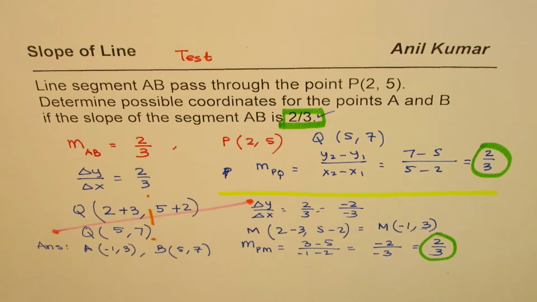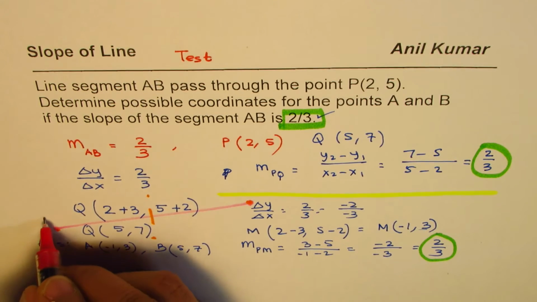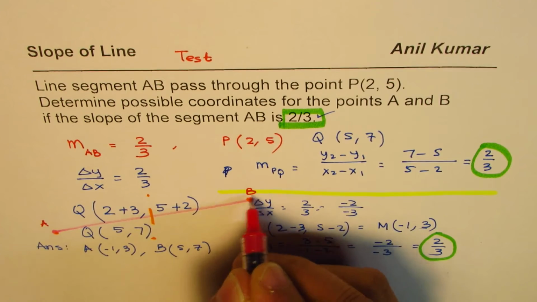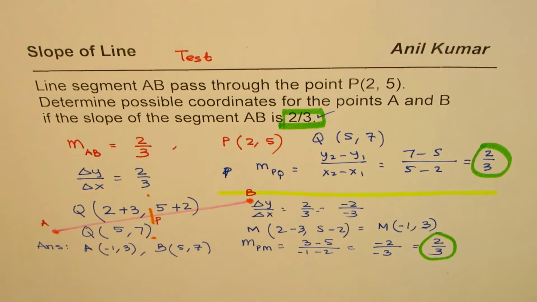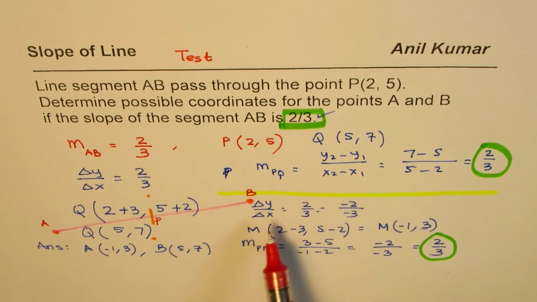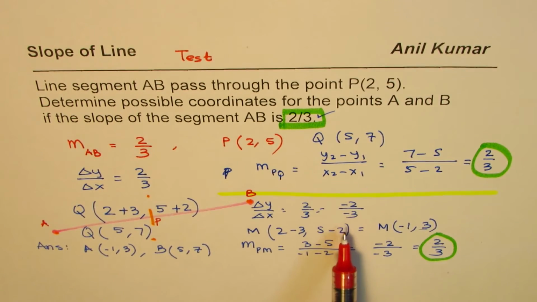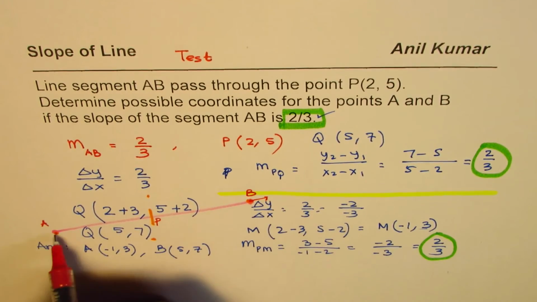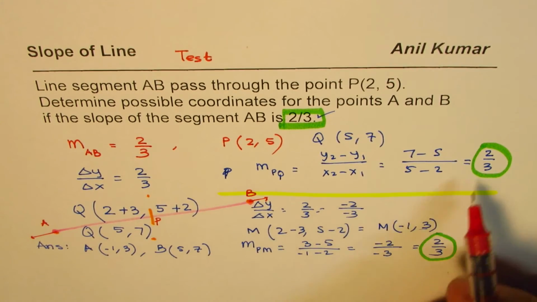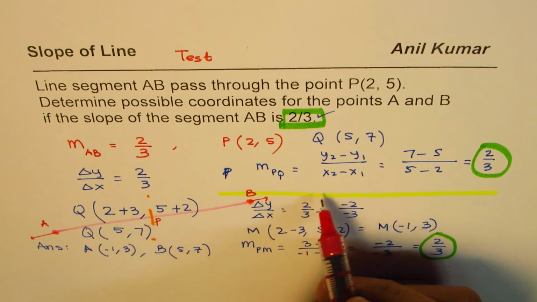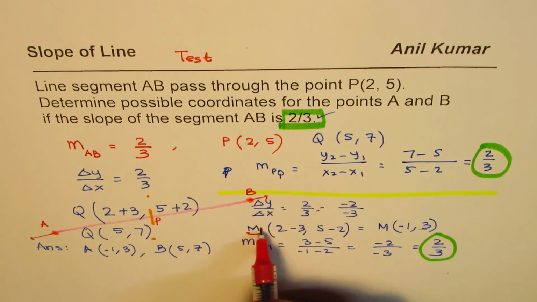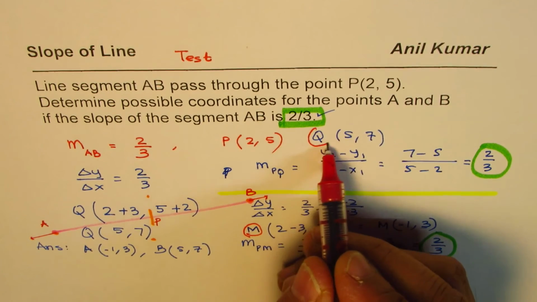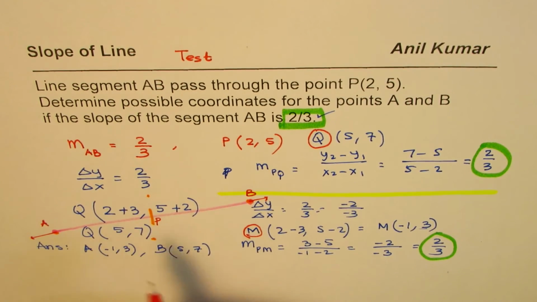So that gave us 2 points with the line segment AB and P right in the center. I hope you appreciate the idea of adding and then subtracting to get 2 points on the line. Points A and B, in our case, we found using Q and M, so that connecting them through the point P gives us a slope of 2 over 3.